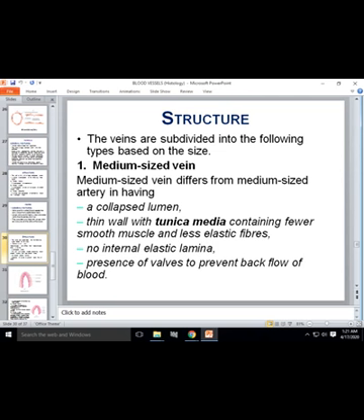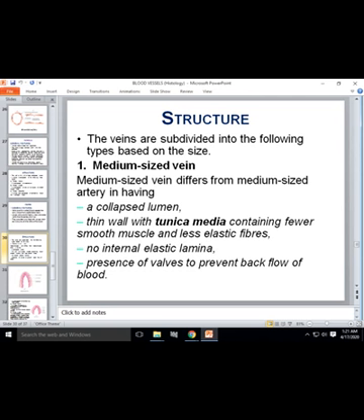Now we see the structure of the veins. They are also subdivided into following types based on the size. First one is the medium-sized vein. The medium-sized vein differs from the medium-sized artery in having a collapsed lumen.